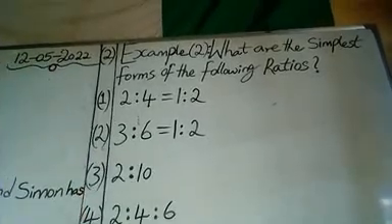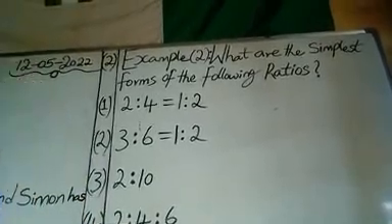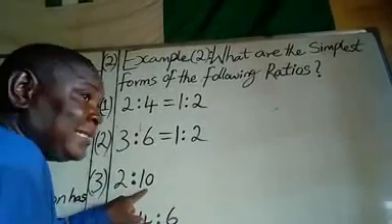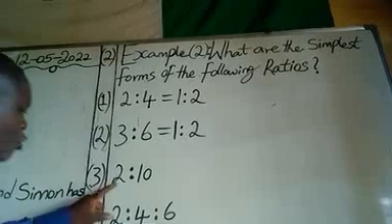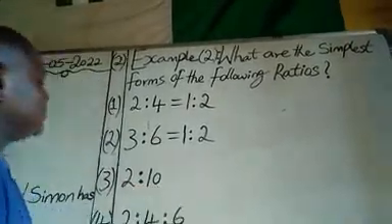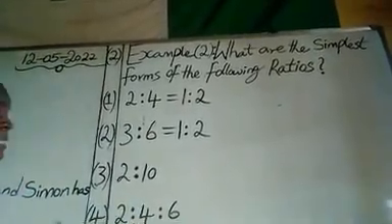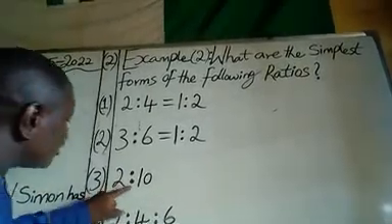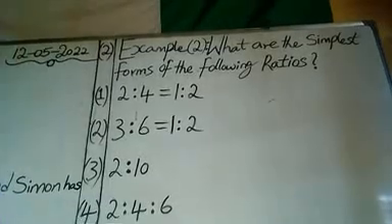Number 3. 2:10. What is the simplest form of 2:10? Solution.